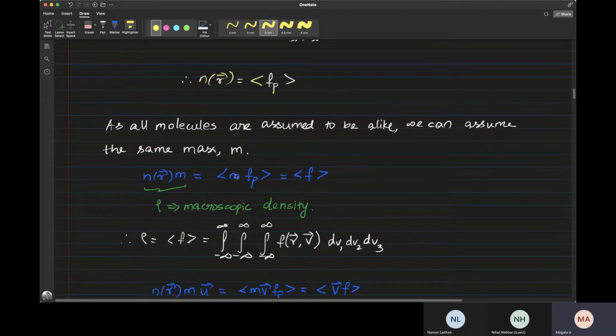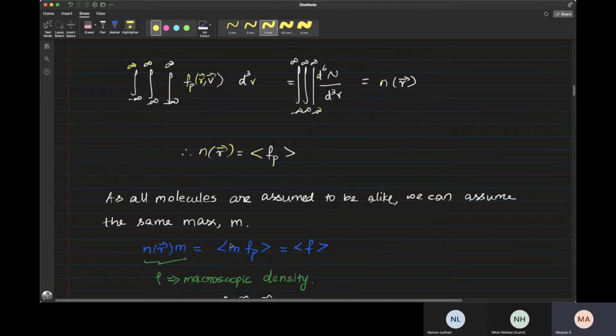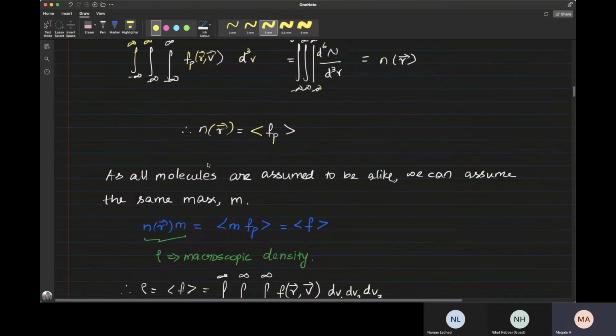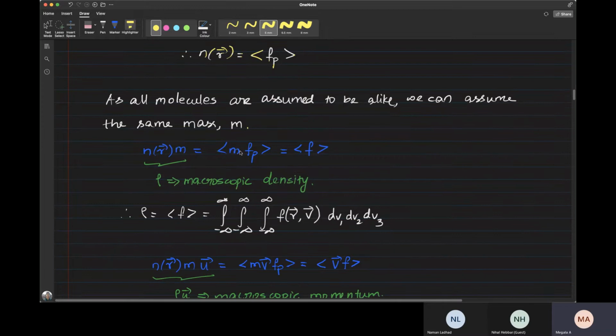Since mass is just a constant with respect to the velocity variable, you can take it inside the integration. So you get m times the integral of this f. Let us now define this as just F.